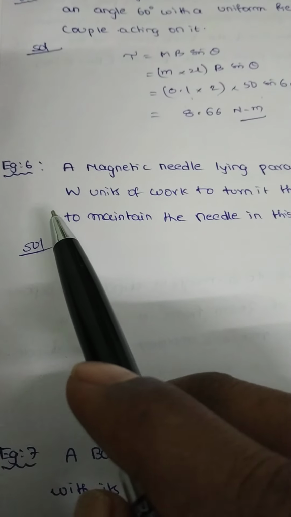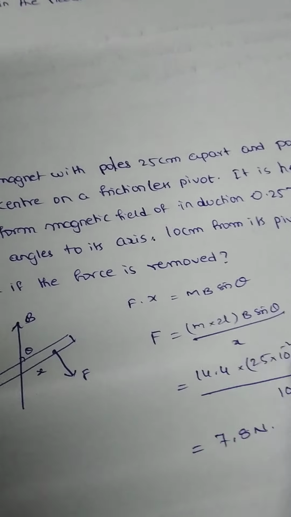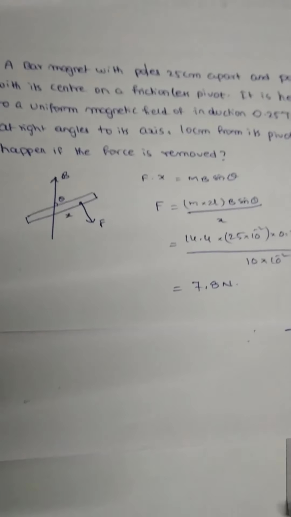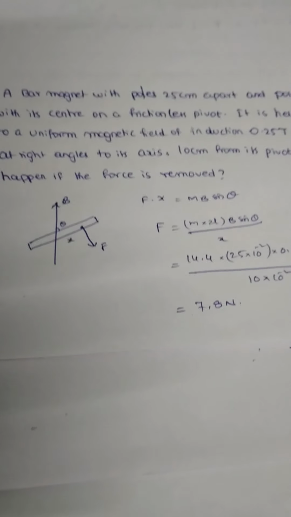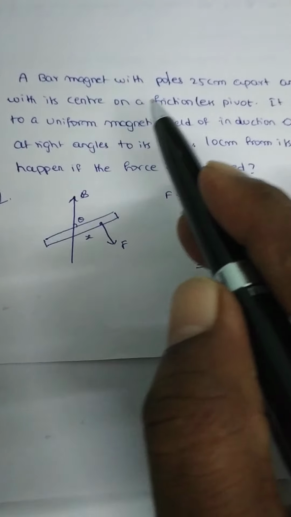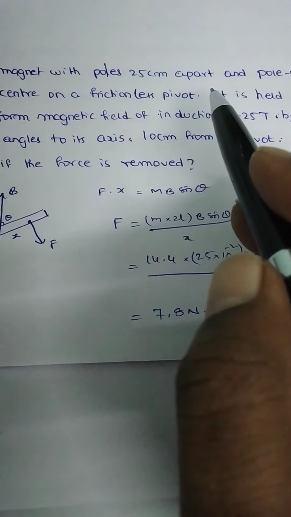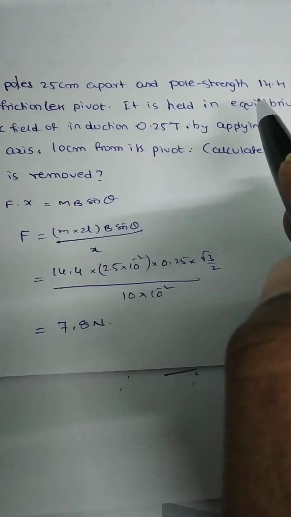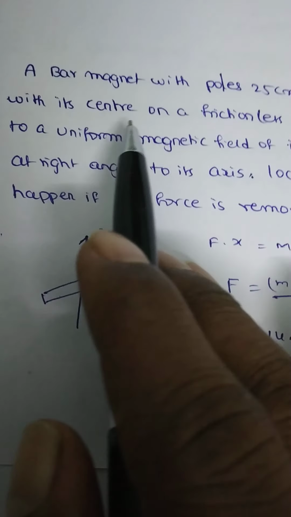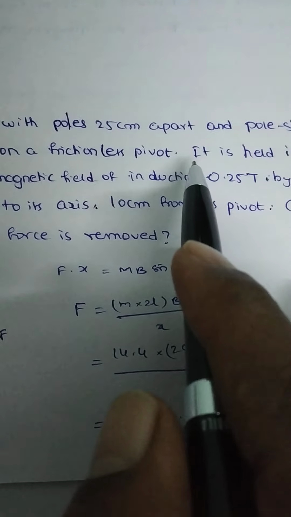Next, the seventh one. The sixth one is another model that will be explained in the next class. So the seventh one: a bar magnet with poles 25 centimeters apart and pole strength 14.4 ampere meter rests with its center on a frictionless pivot.